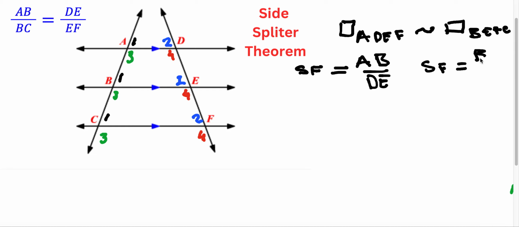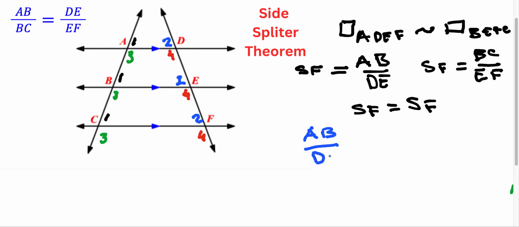Okay, so it's BC divided by EF. And because those scaling factors are congruent, we already know AB divided by DE is equal with BC divided by EF, with the segment BC divided by segment EF.